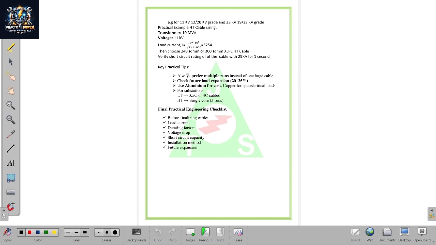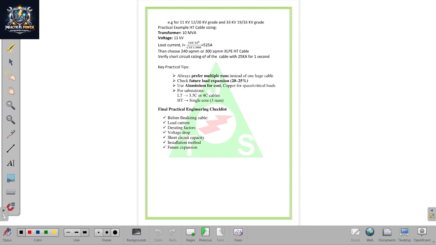During the selection of cable size, we have to emphasize a few essential practical points. That is, we always prefer multiple runs instead of one huge cable.